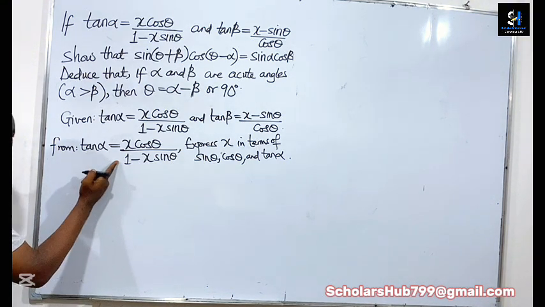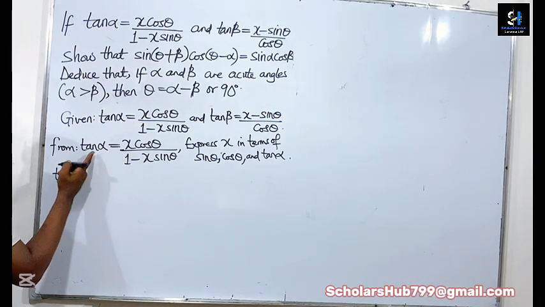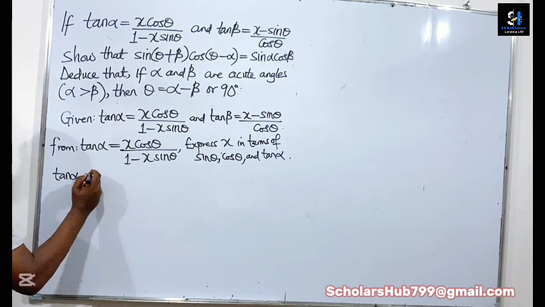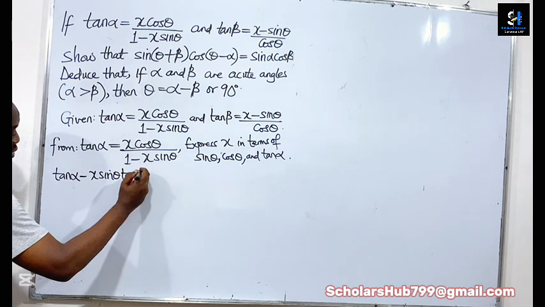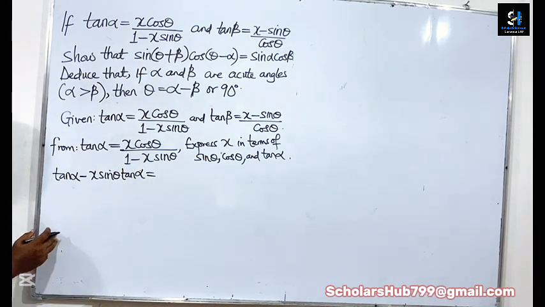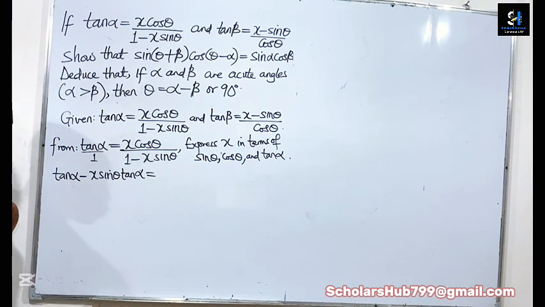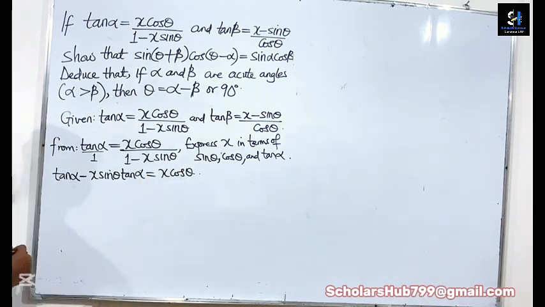By cross multiplication, this will be tan alpha times 1, that will be tan alpha. Tan alpha multiplied by negative x sin theta will be negative x sin theta tan alpha, which will be equal to tan alpha over 1, so 1 times x cos theta, that will be x cos theta.